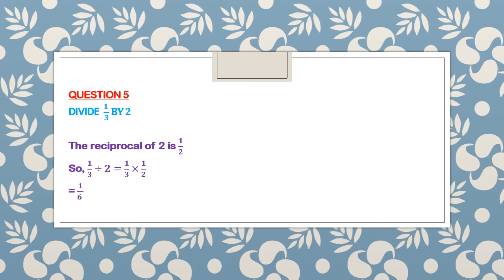Always remember, whenever we change the division sign into a multiplication sign, the number or fraction written on the right hand side of the division sign will get reciprocal, and the division sign will get converted into a multiplication sign.